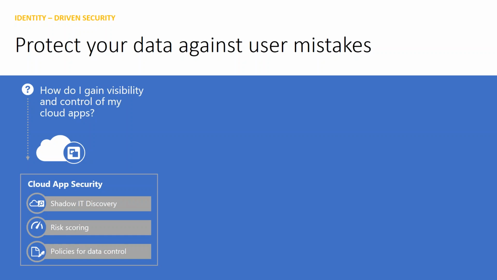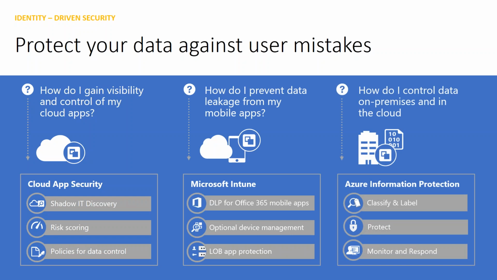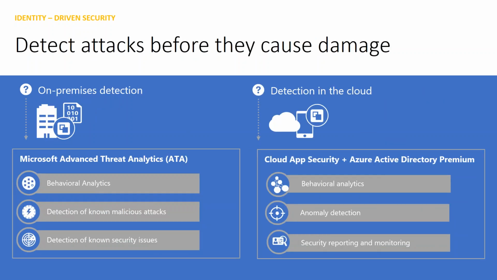So protect your data against user mistakes. Yes, we've talked a little bit about that. Now to attacks before they can cause damage. This is an interesting one. So what we're doing as part of EM+S, depending on which plan you purchase, is looking at the behavior of our users.